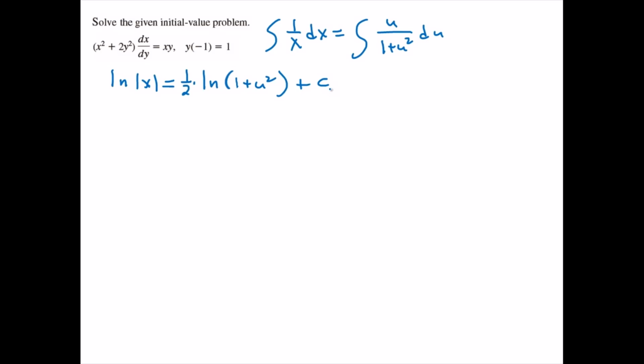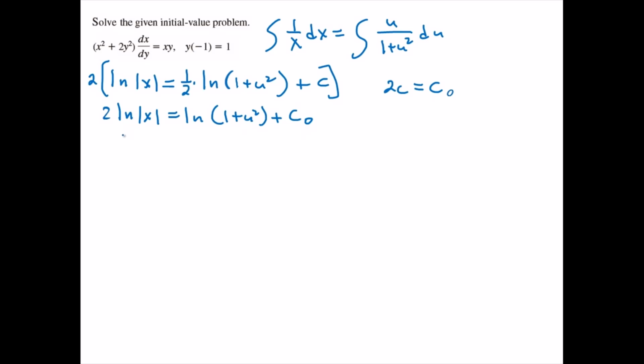of integration, c. And to get rid of fractions, we can multiply both sides of this equation by 2, and that will give us 2 times the natural logarithm of the absolute value of x equal to the natural logarithm of 1 plus u squared plus, well, we're going to get 2c. We'll let that be equal to some constant c sub 0, so we'll have a c sub 0.